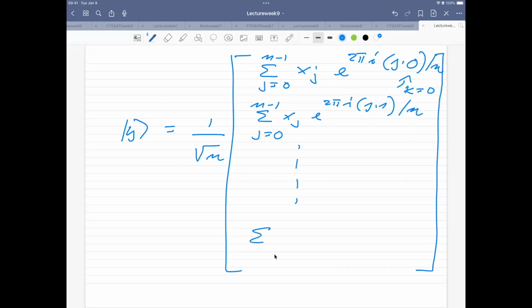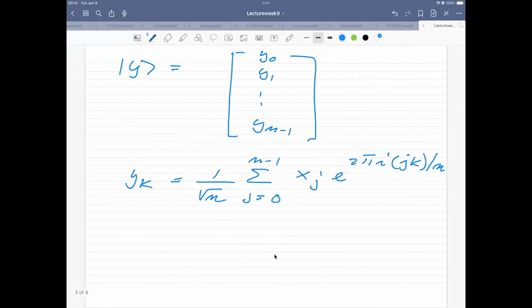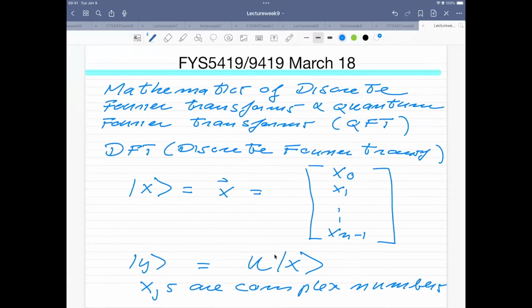And this goes all the way down to the last one, the sum from j equals 0 to n minus 1 of xj times e to the 2 pi i, and then j multiplied with n minus 1 and divided by n. So this is the classic discrete Fourier transform. And these could just be the components like we wrote down here. These are the components of that vector x.